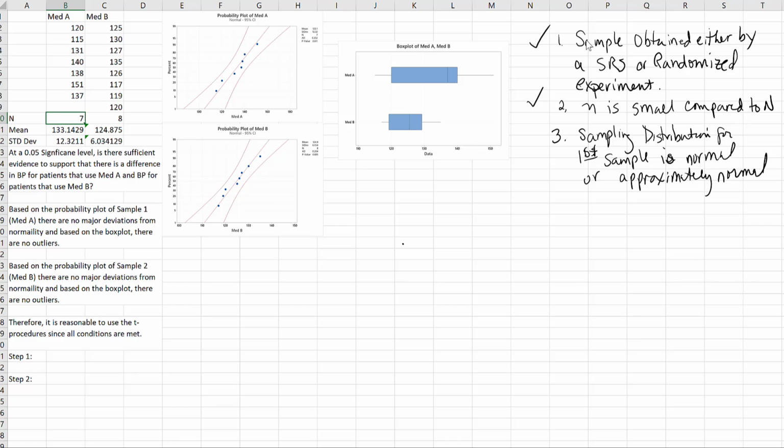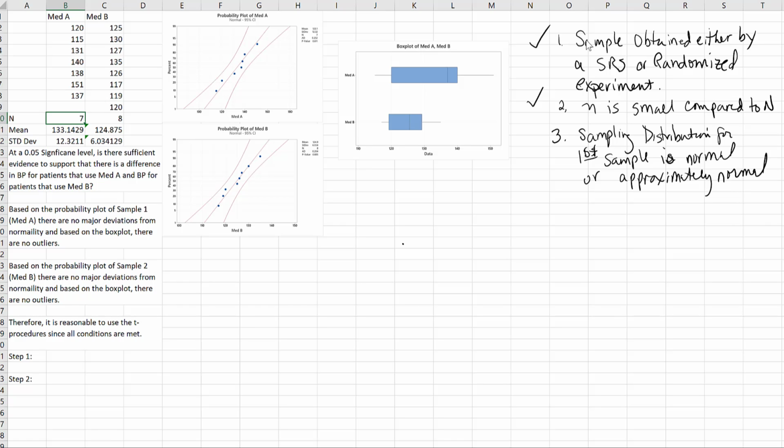So you either have a sample of 30 or more, where you can invoke the central limit theorem, because we said 30 is our magic number in our class. And if we're told that the population it comes from is normal, then any sampling distribution of any size would be normally distributed. But if our sample is less than 30, which is in our case, we would have to do a data analysis to make sure it was normally distributed.